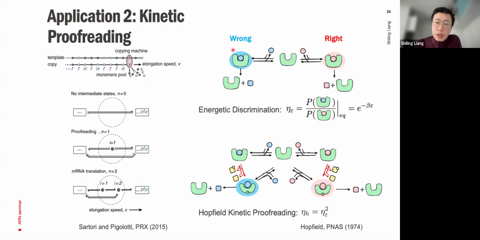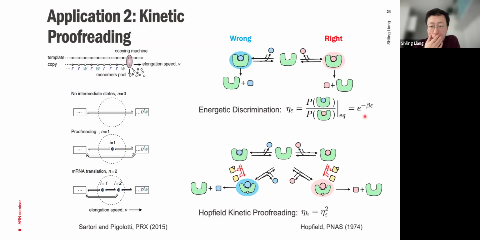If the discrimination is achieved by this simple process, the error rate will be determined by the energy difference of these two complexes, and really these two monomers are not that different. So this kind of discrimination error rate will be too high.